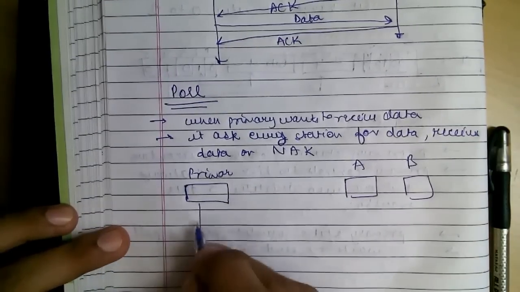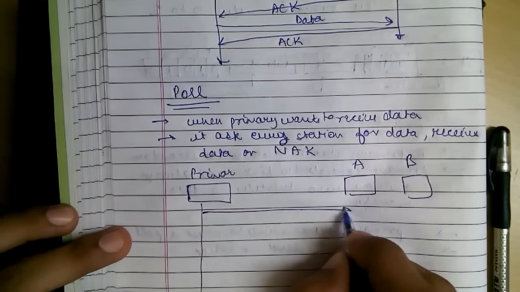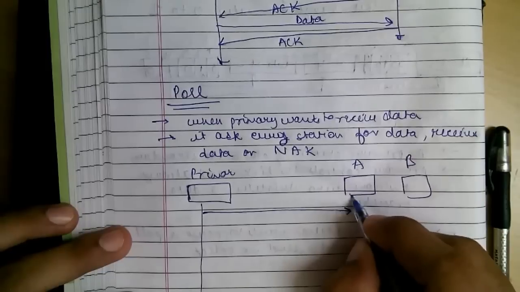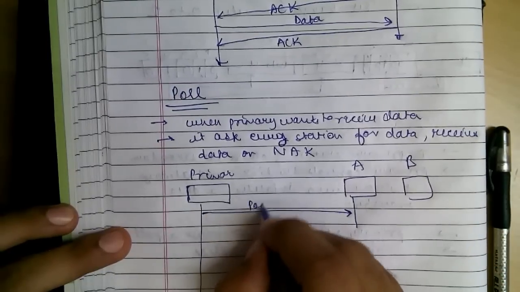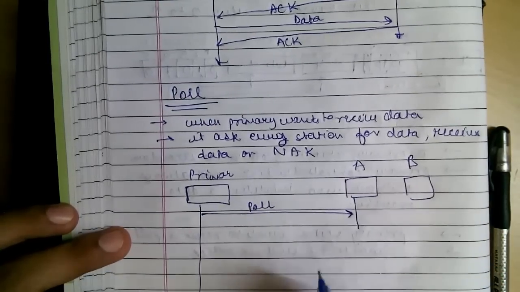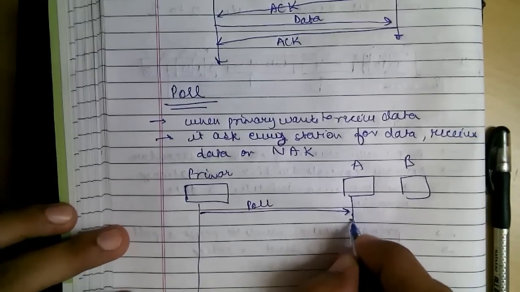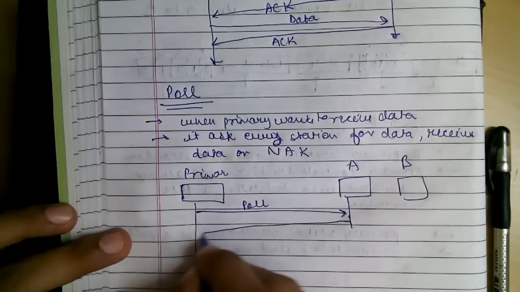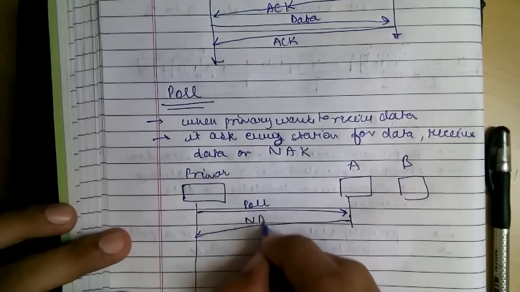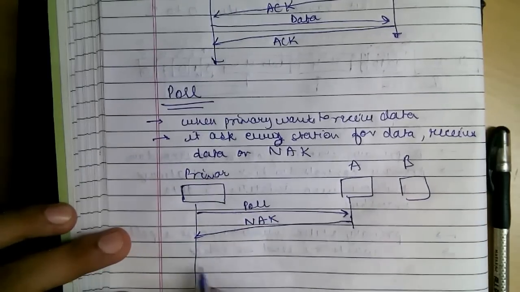So what it does, it first asks the first station, that is A, that sends a signal, asks whether you want to send data, and let's say it does not have anything to send, so it sends a negative acknowledgement.